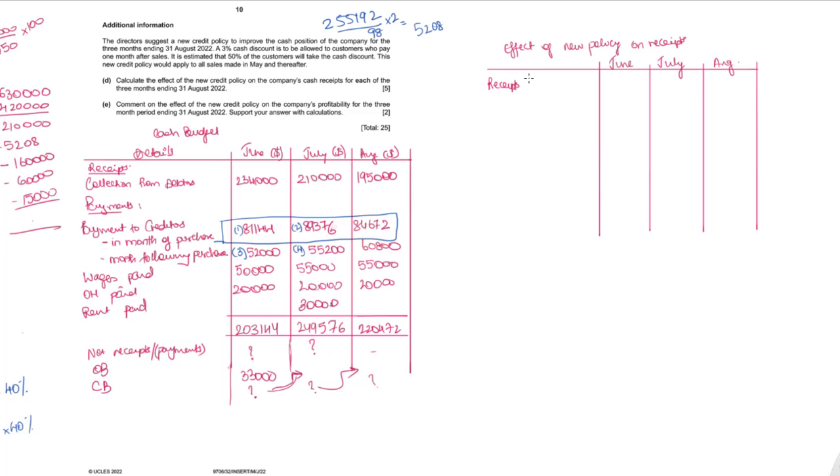So first we'll say receipts as per new policy. Collection from customers. Month after sale. And then 2 months after sale.